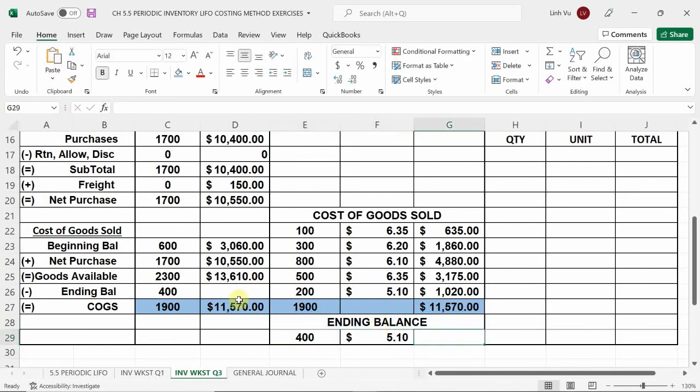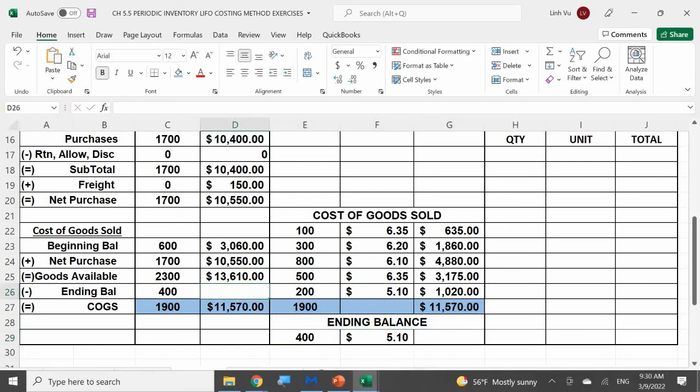Okay. No, oh, that's the quantity. I'm talking about the cost.